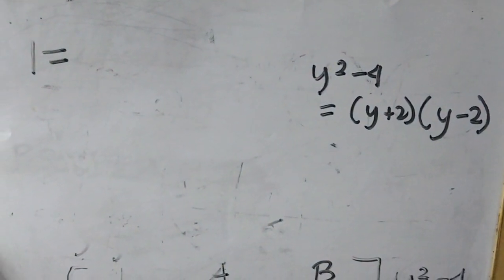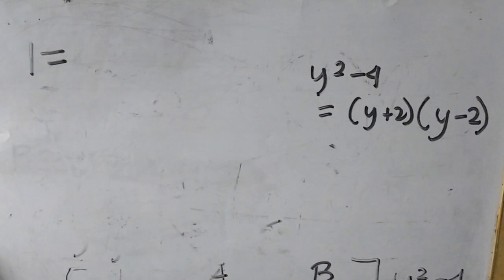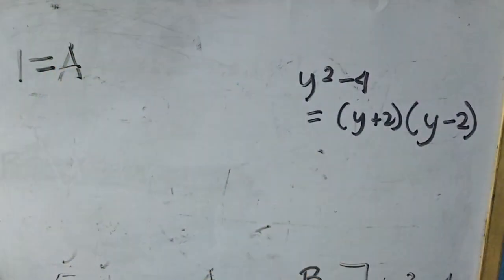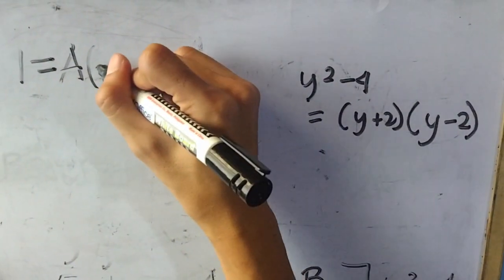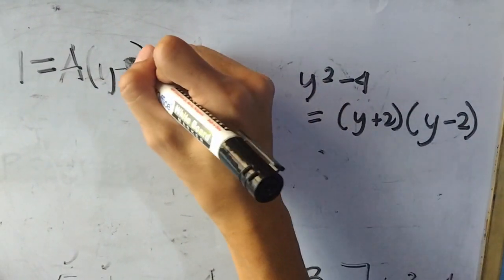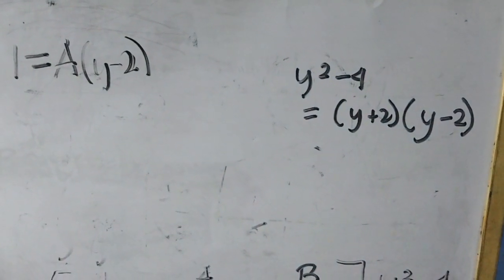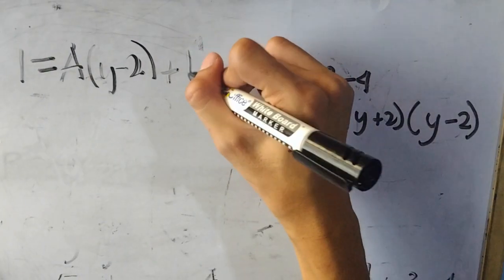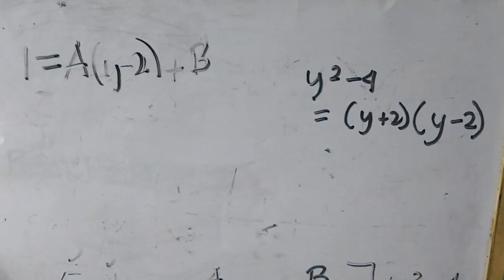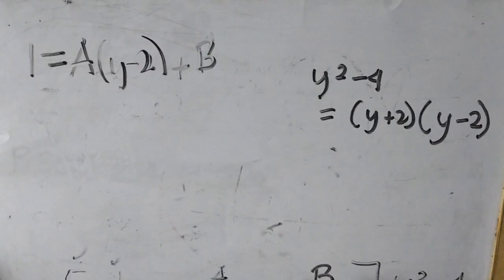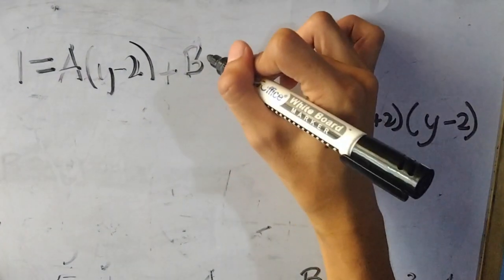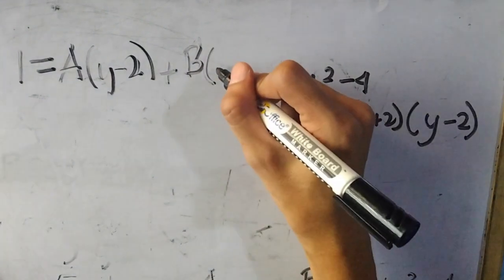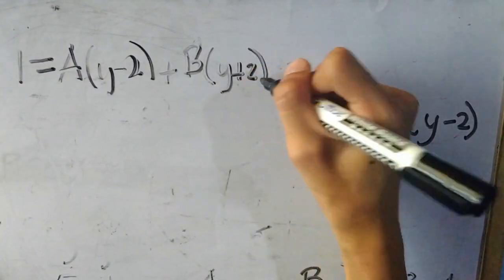And if you multiply y squared minus 4 with a over y plus 2, the remaining will be a times the factor y minus 2. After that, we distribute to b. If we multiply y squared minus 4 to b over y minus 2, it will be left with y plus 2.